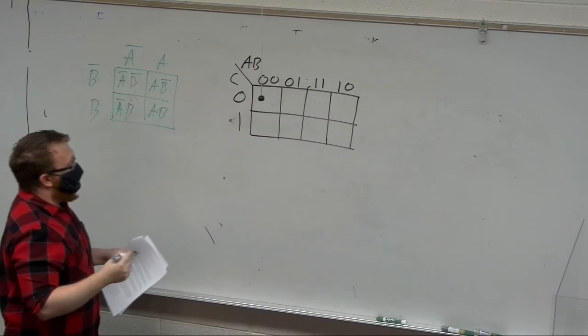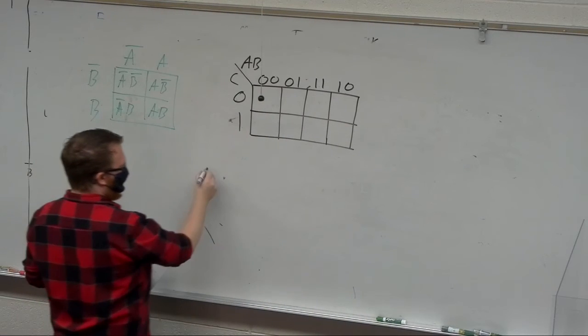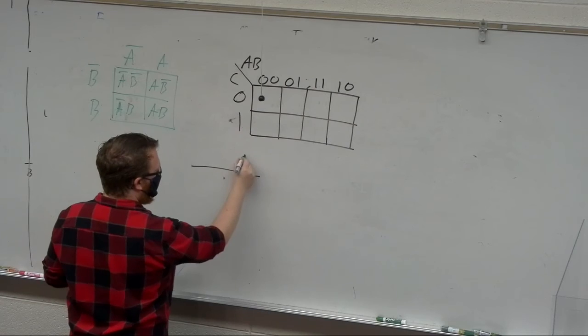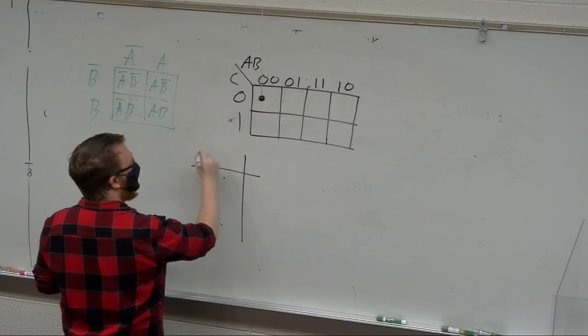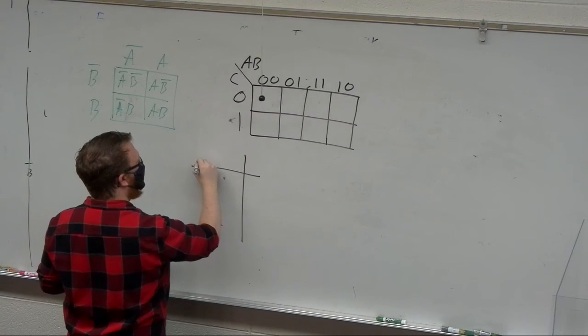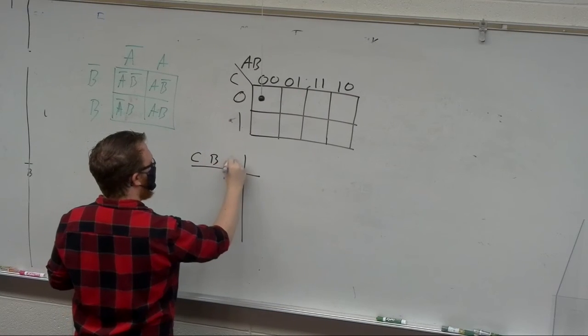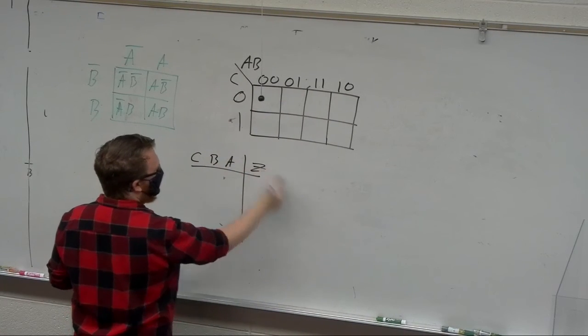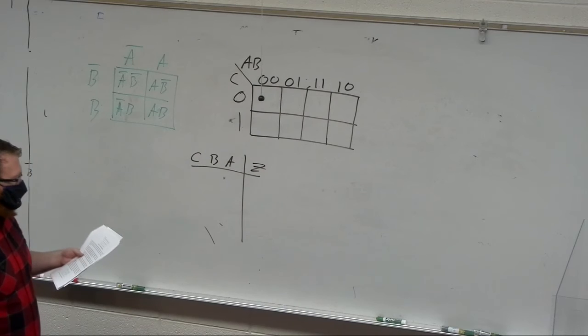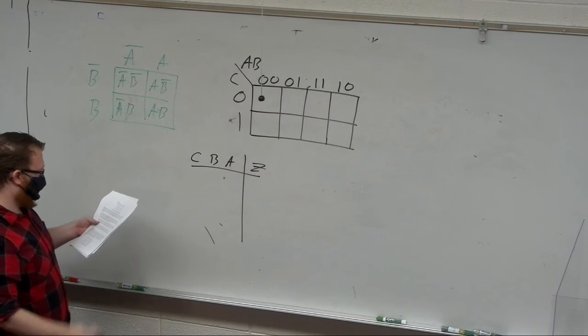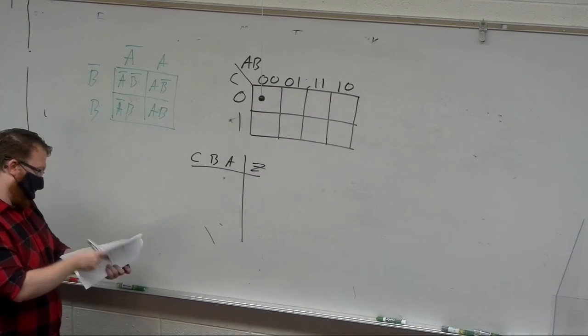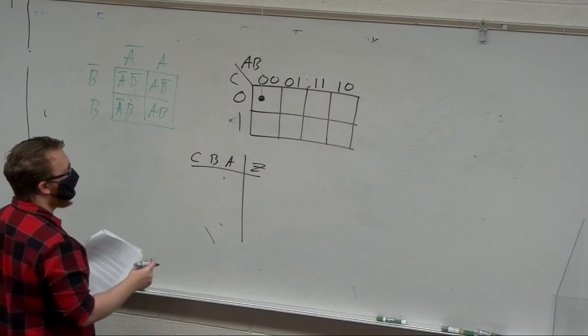So let's say we have a truth table, like so, that has three inputs, C, B, and A, and we're worried only about one output. Sorry, I don't think the book gives me the truth table. They teach it a different way, but I'm going to keep pressing forward.